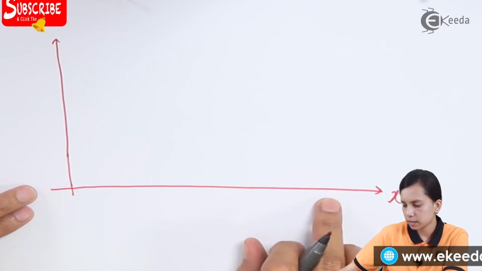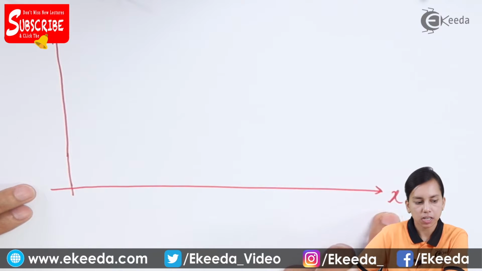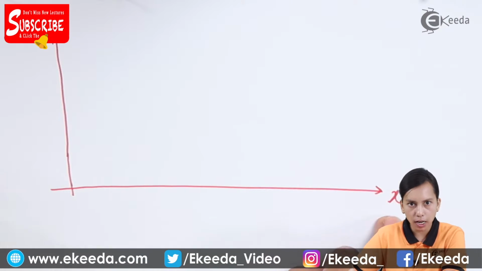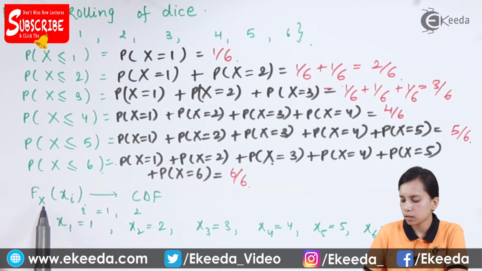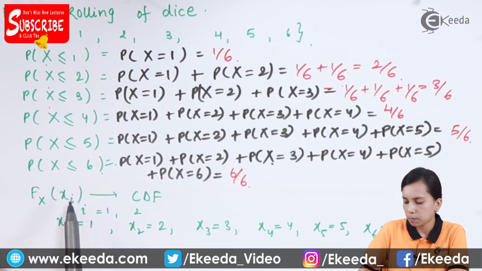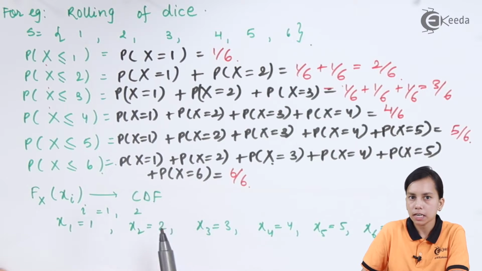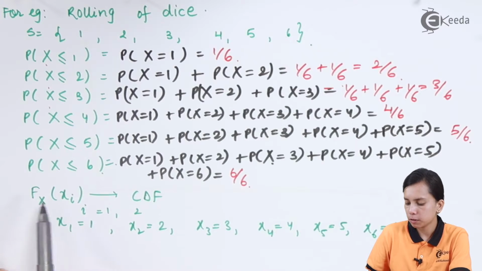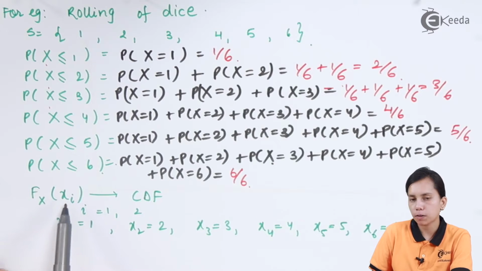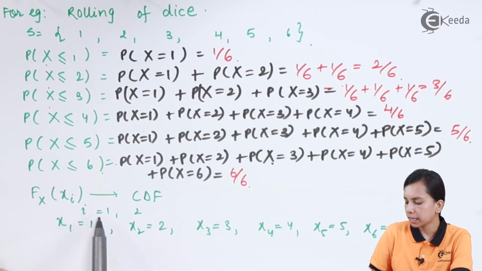This is the x-axis, which is defined for the dummy variable x. For this dummy variable small x, F_X is the CDF for this particular event of rolling a dice. The CDF is defined as F_X of small x_i, where i can take values 1, 2, 3.